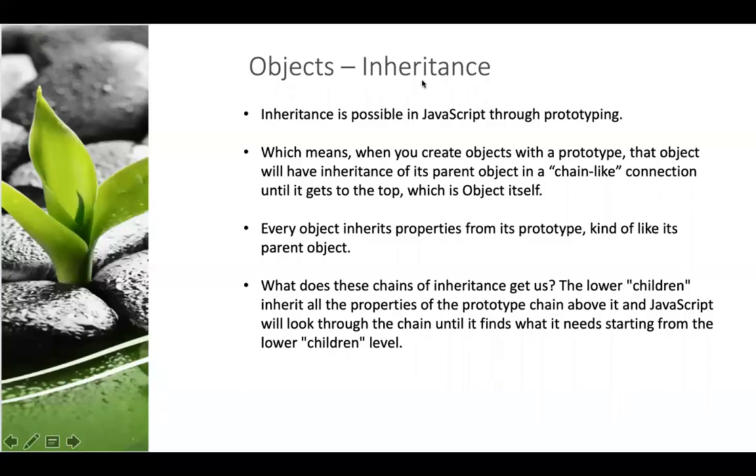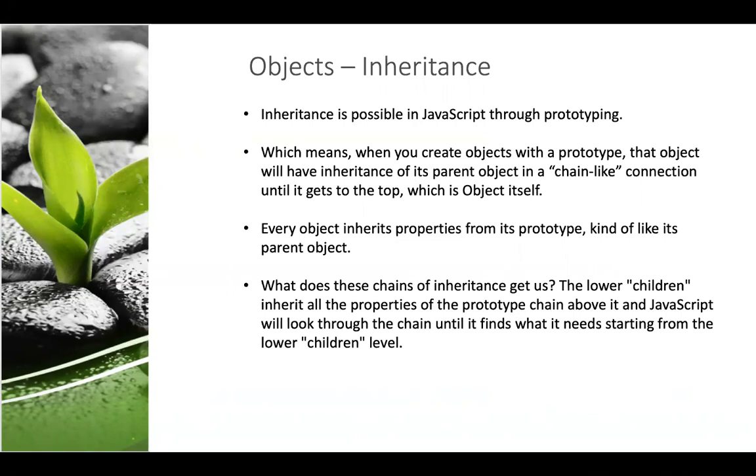This brings me to the topic of inheritance. You want to use a prototype when you want to have inheritance like that. Inheritance is possible through prototyping, which means when you create objects with a prototype, that object will inherit from its parent objects in a chain-like connection until it goes up to the top, which is Object itself. Object is at the very top, and its prototype is null, but it ends there.